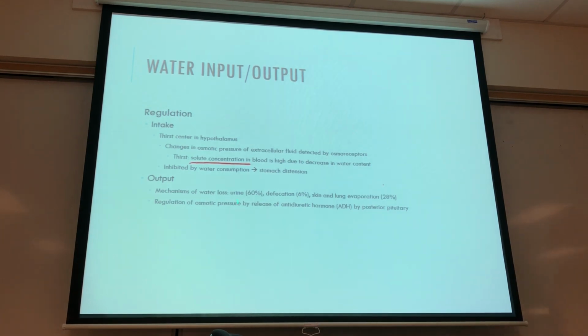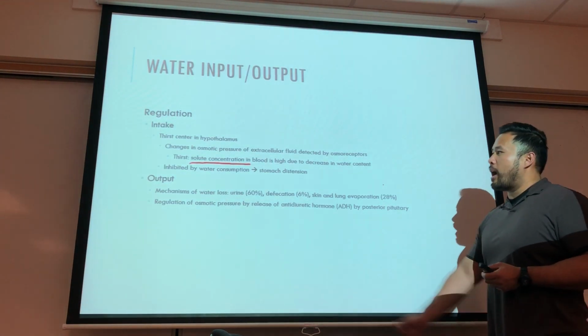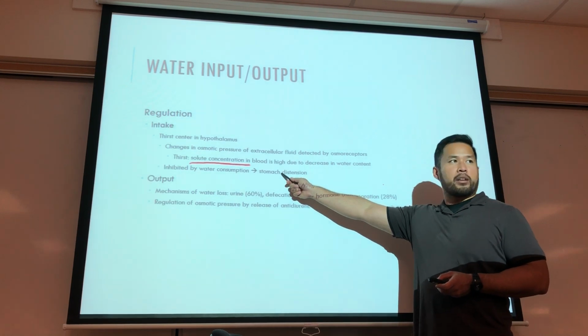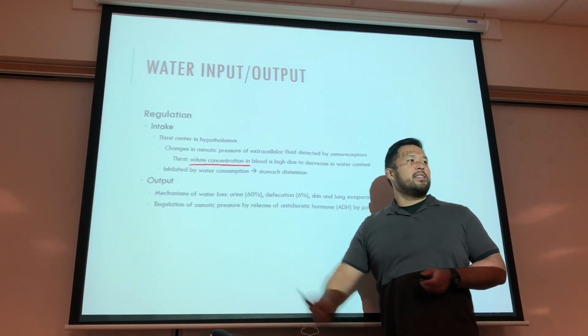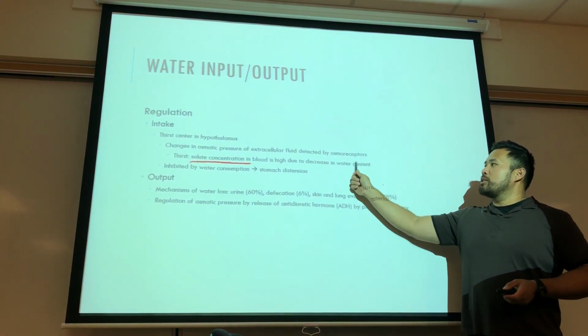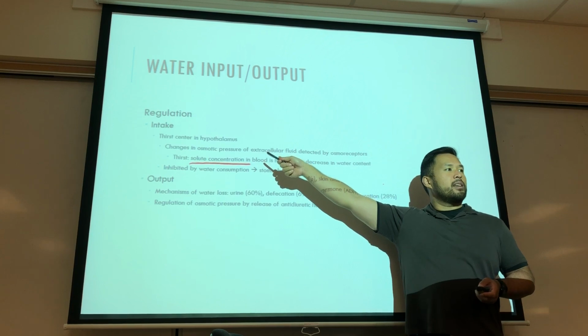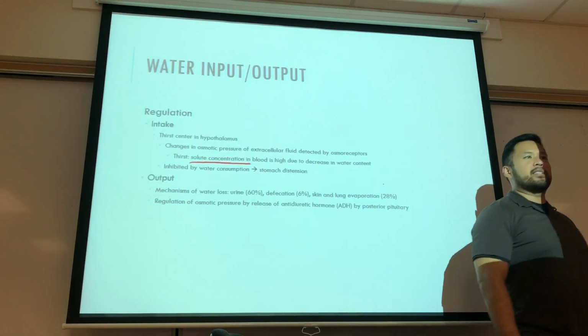And the thirst center will let you know that you do need to take in water. But take in food, and that will also cause stomach distension. That stomach distension will then inhibit the thirst center, but at least temporarily. But that has not resolved the osmoreceptors still firing back, letting you know you're thirsty. You're temporarily inhibiting that process through stomach distension.